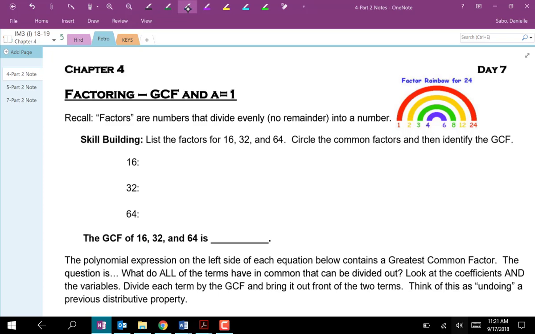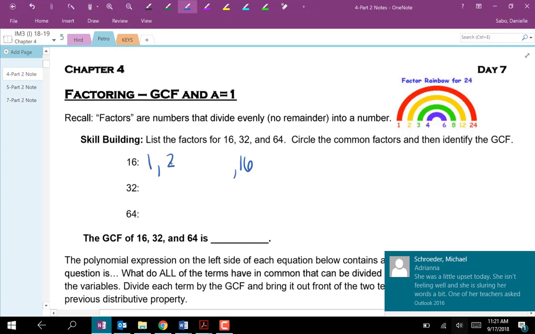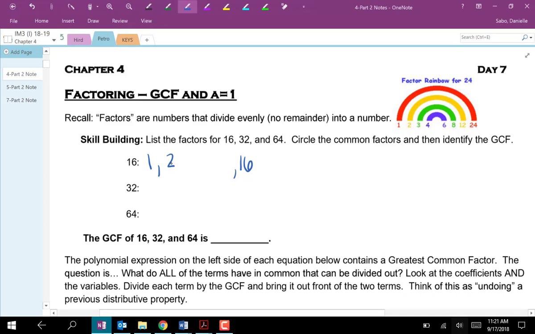So let's do 16 together. I have 1, and what's 1's pair? 1 times what number is 16? 16. So 1 and 16, I'm going to leave a little gap. Then let's do 2. This is just like those mod tables. What's 16 divided by 2? 8.